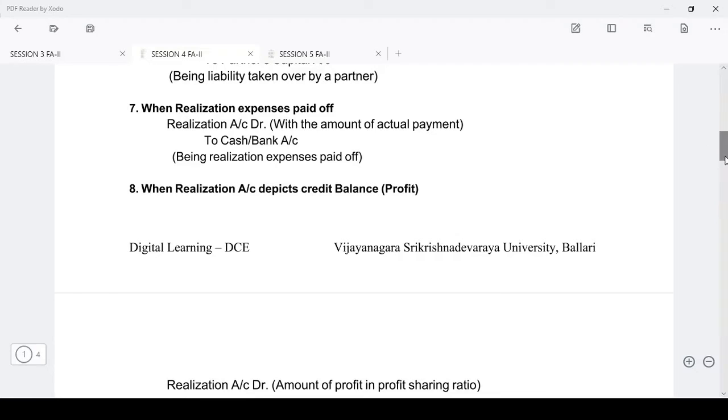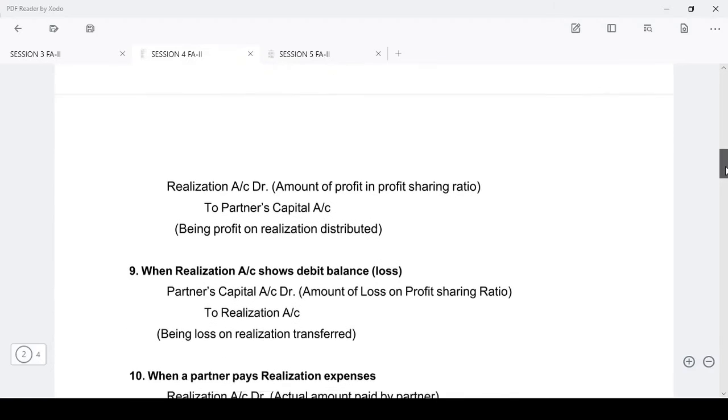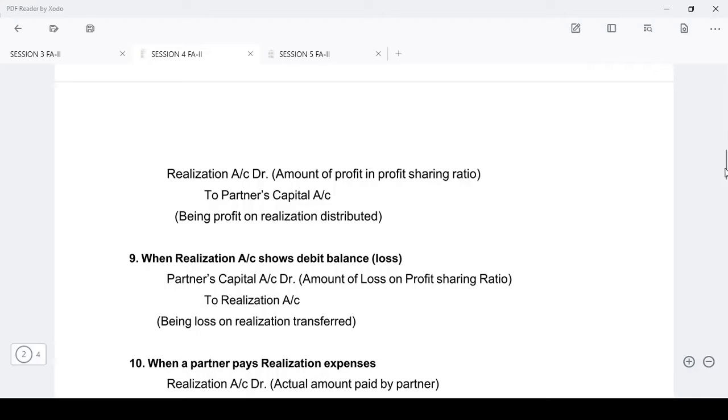When you balance a realization account, if it is depicting a credit balance, then it shows that there is a realization profit. So hence the entry would be realization account debited to partners capital account. So you will have the realization profit, and this profit is to be distributed among all the partners of a firm in their profit sharing ratio. So the entry is realization account debited to partners capital account.